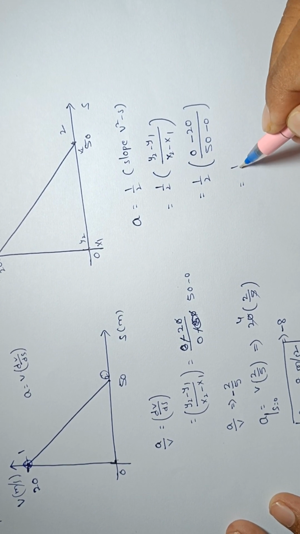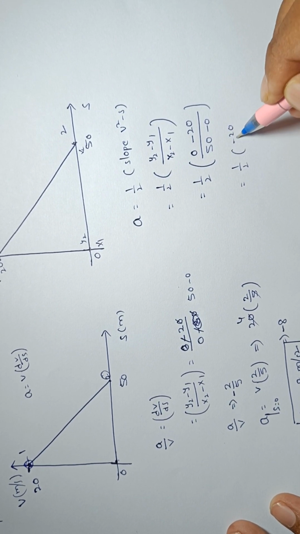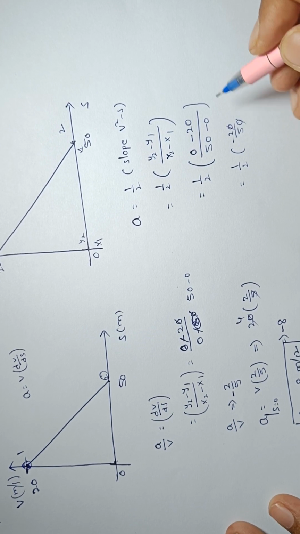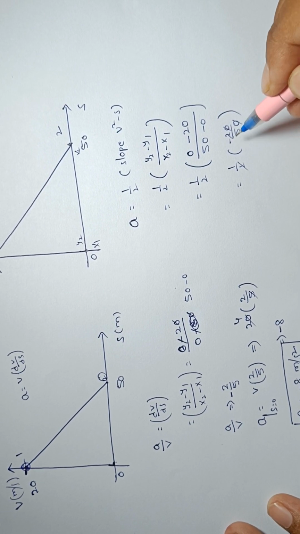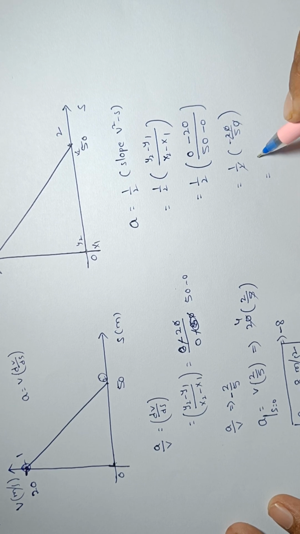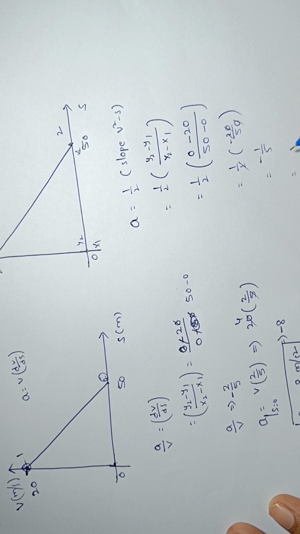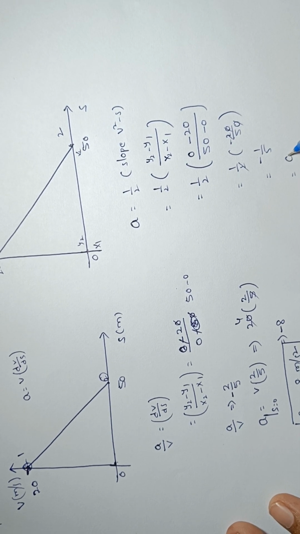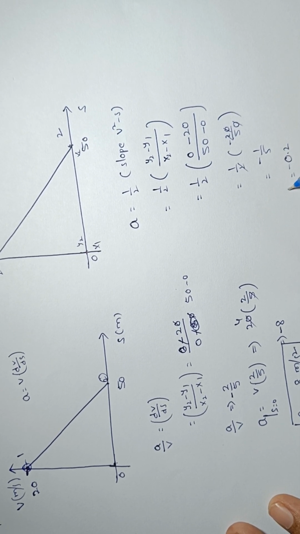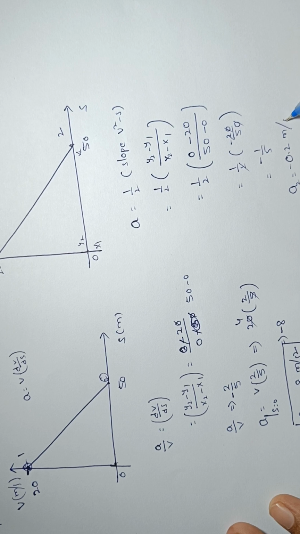Then you are going to get 1 by 2 into minus 20 by 50. 0 0 gets cancelled, 2's 2's. So then you are going to get minus 1 by 5. 1 by 5 means 0.2, so a2 equals minus 0.2 meters per second square.